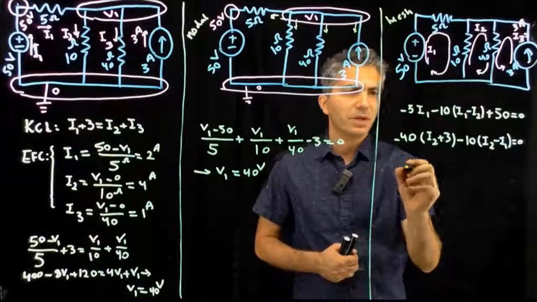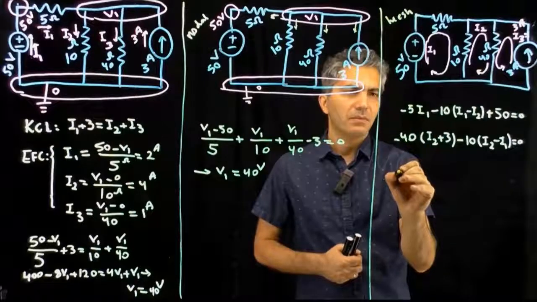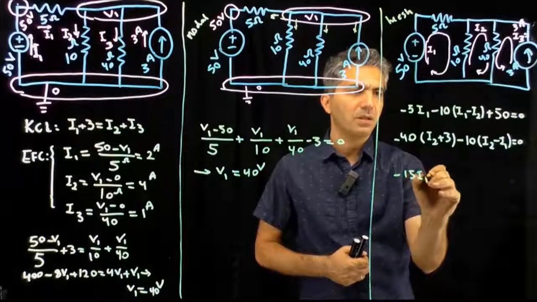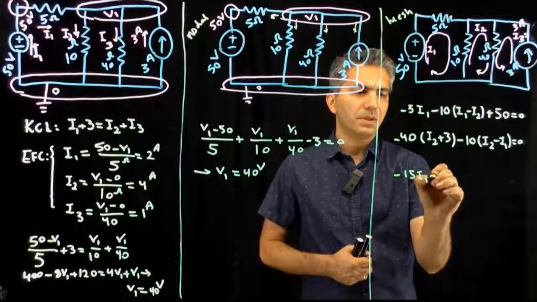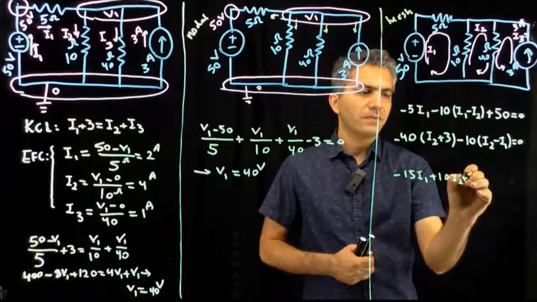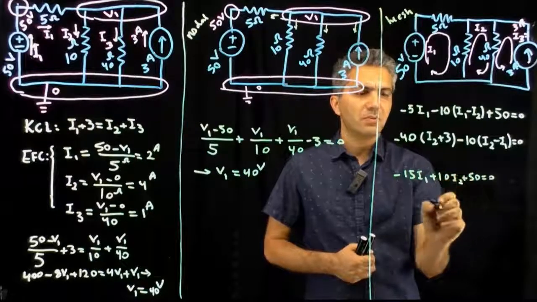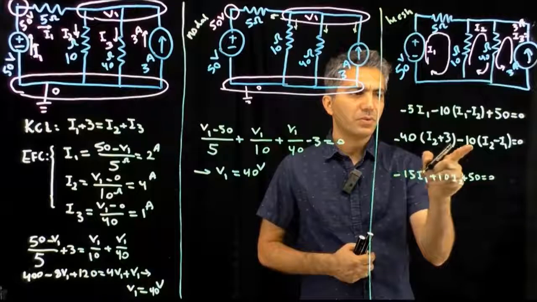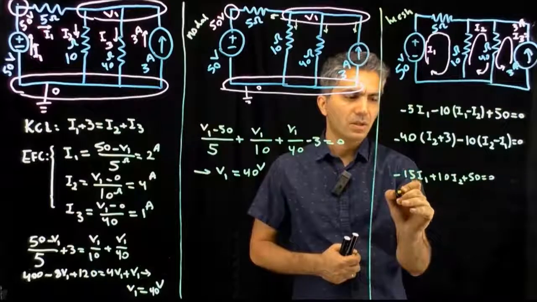From the first one, I have minus 15 I1 plus 10 I2 plus 50 is equal to 0. So from this, I can calculate I2 and put it in the second equation.